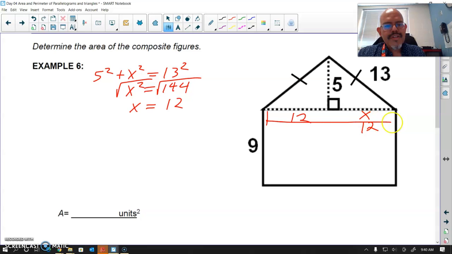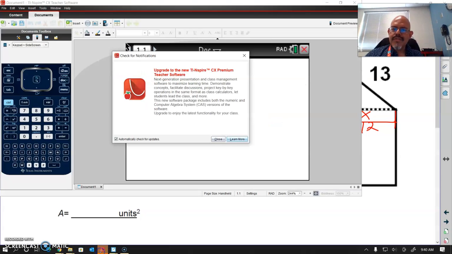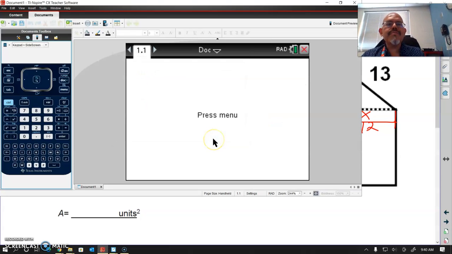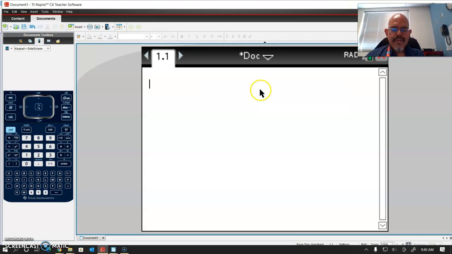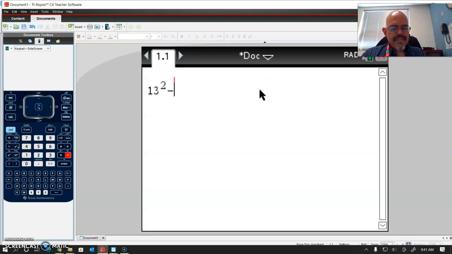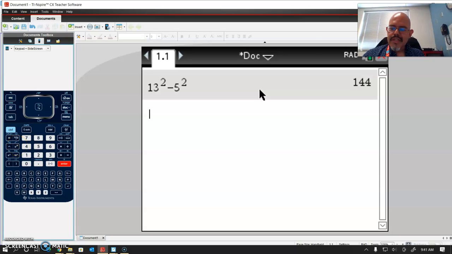The distance from this end to this end is a total of 24 units. If I take 13 squared minus 5 squared, that gives you 144, and then take the square root of 144. That's 12. So that just proves what we know.